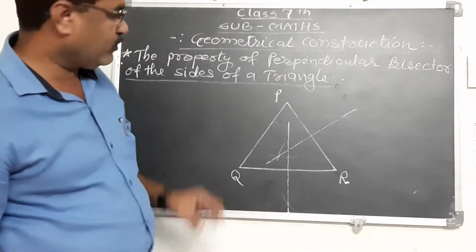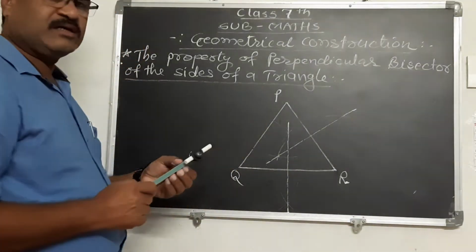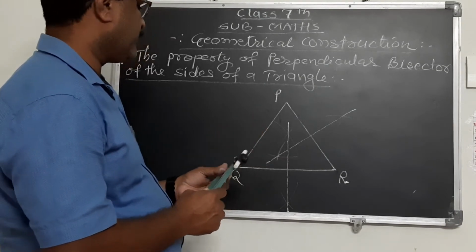Now only one side remains, that is PQ. We draw the last perpendicular bisector, of side PQ.